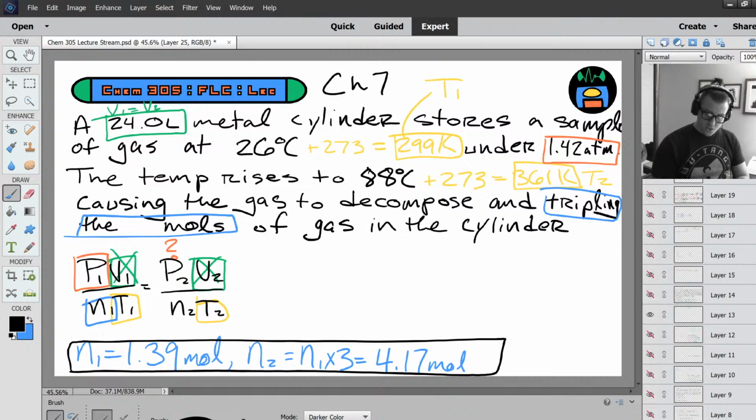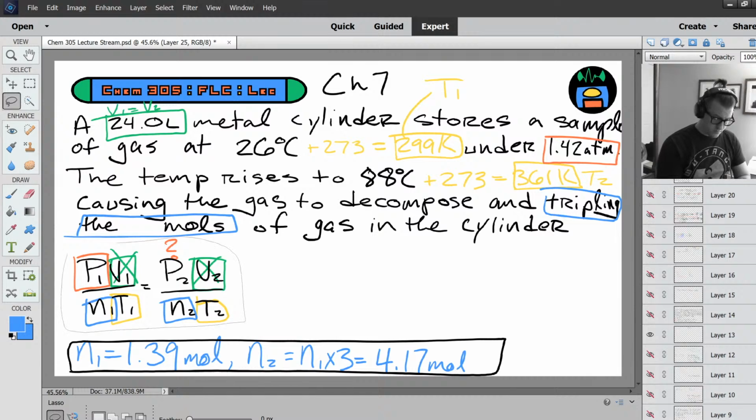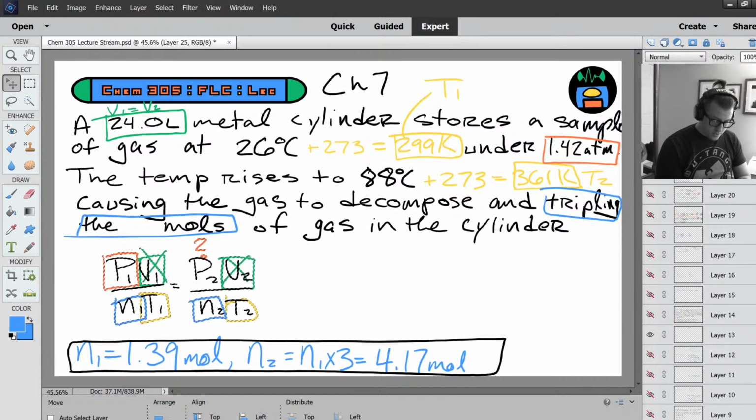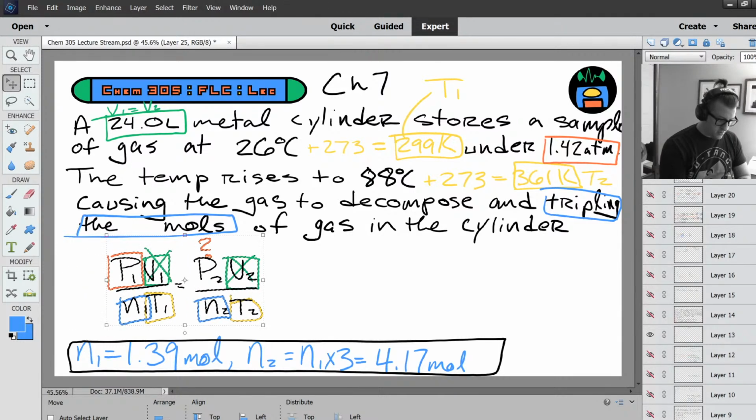All right, so now we have everything we need to solve for our final pressure. I'm just going to scoot this over a hair to give us some space for our algebra.